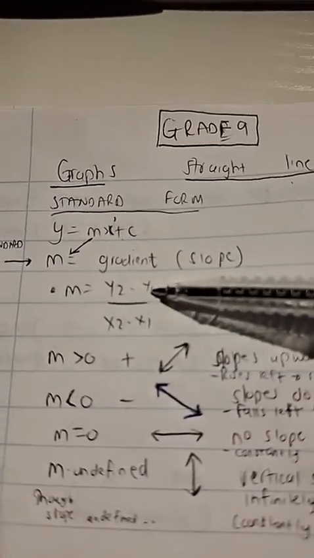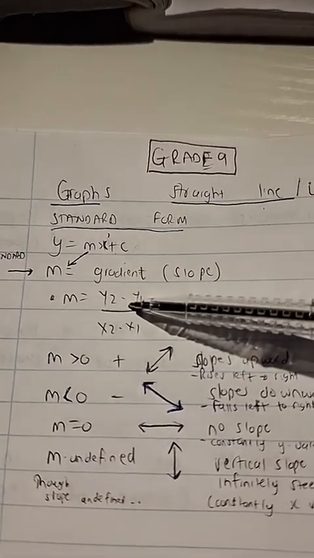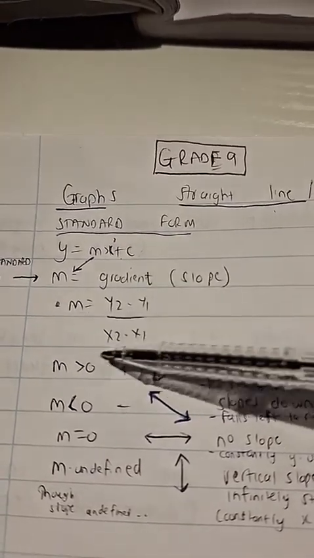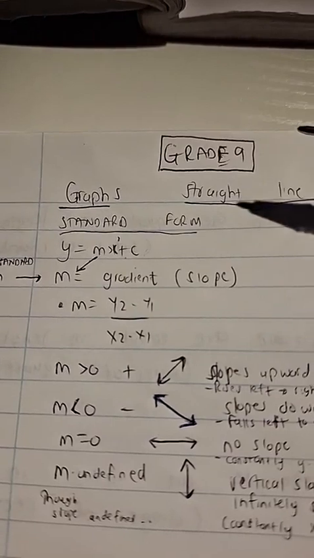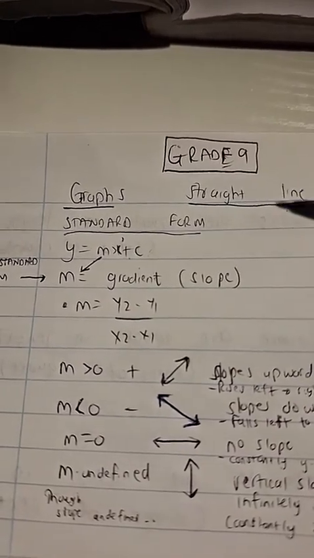There is a formula that we can use to calculate gradient, especially when we are dealing with points on the Cartesian plane.